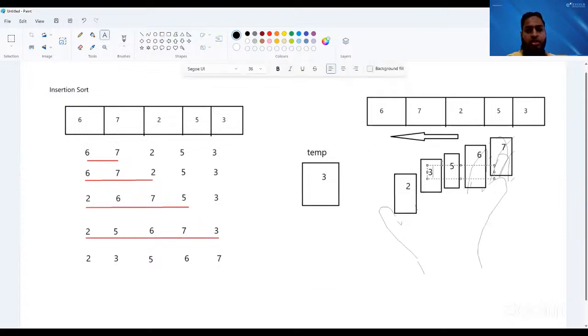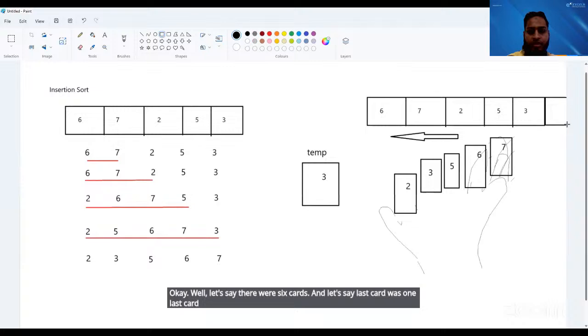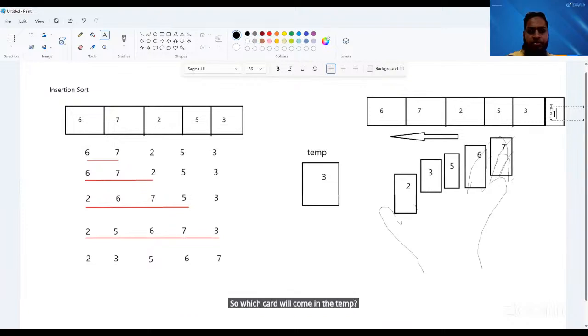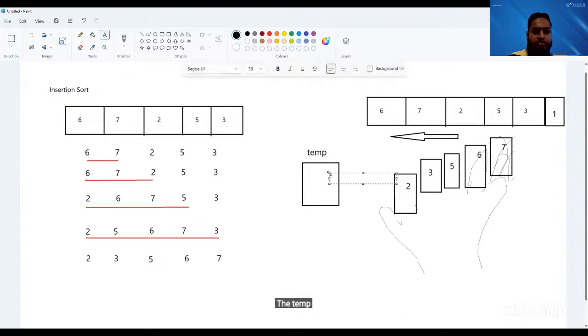Okay, so let's say there were 6 cards, and let's say the last card was 1. So which card will come in the temp? Temp will have 1, right? Now compare 7 with 1. 7 is greater.